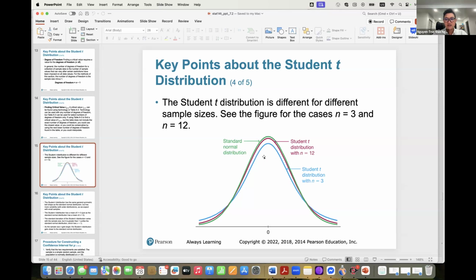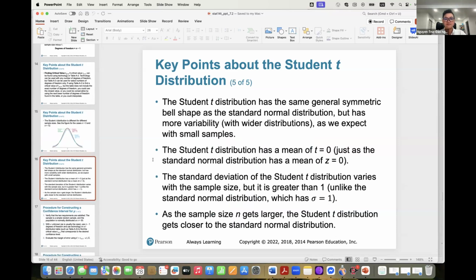If n equals 3, look at the sample size, it is less than 12, so the distribution is going to be lower, right? The value right here is going to be lower than this one. Then the standard normal distribution, look at this green one, is going to be the highest one. And for the chi-square, we don't have the symmetry, right? So those are the differences.